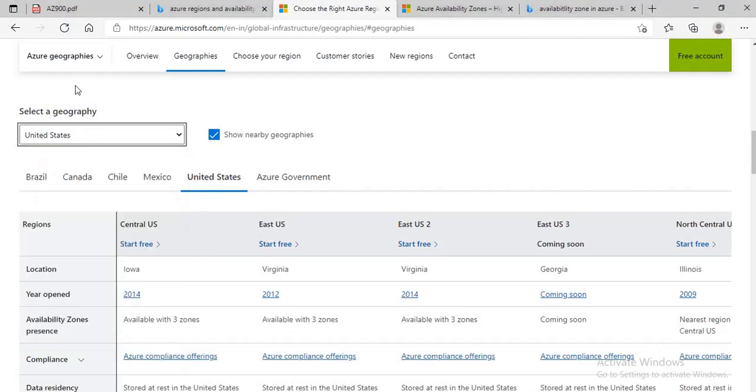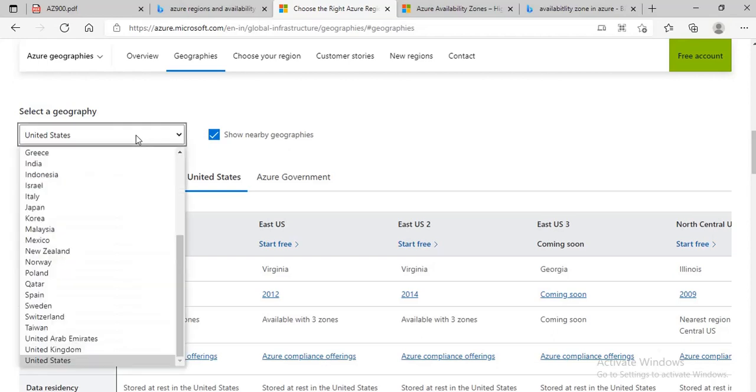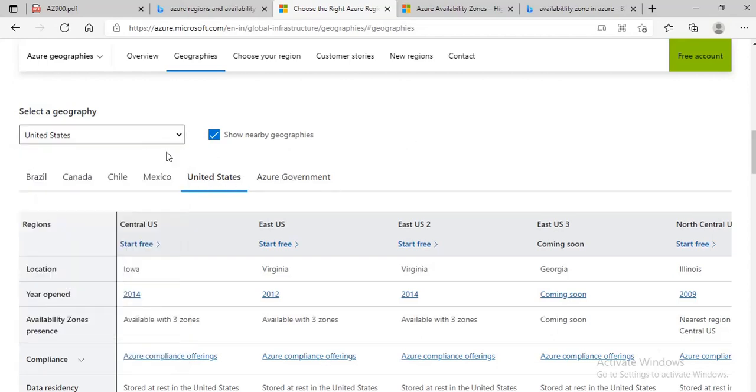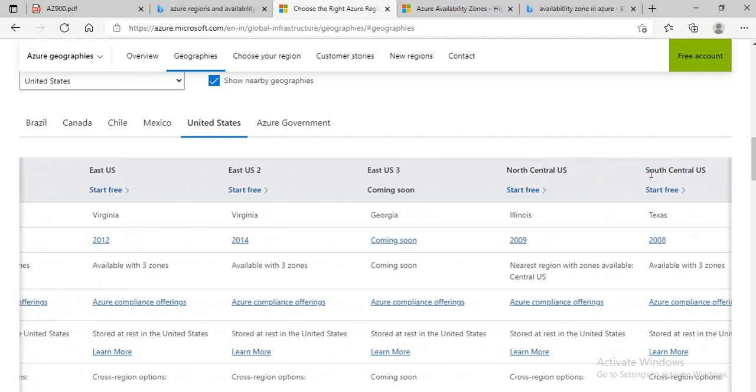For example, let me show you in the Azure portal. When I choose a geography, if you go to global infrastructure under Azure, you will be able to see the list of the geographies here. For United States, if you want to see the number of regions, you can see East US, Central US, East US 2, East US 3, and North Central and South Central.